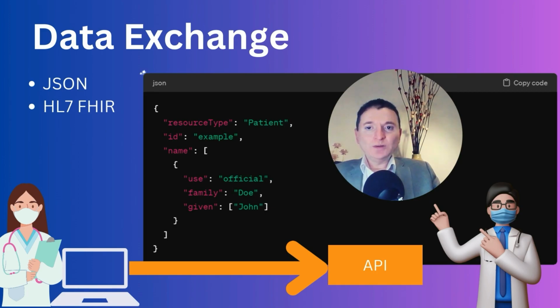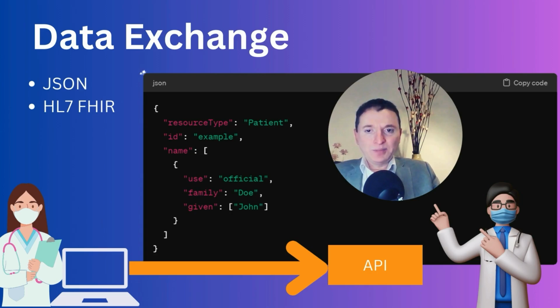In this example, we have structured patient information, including the name and identifiers that are crucial for unambiguous identification and processing. The resource type field specifies that the data pertains to a patient, which helps the system quickly understand and categorize the information.